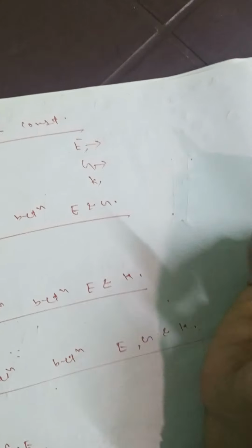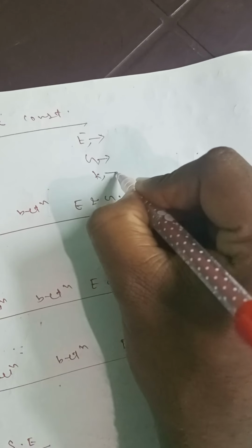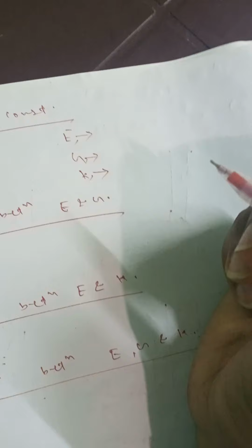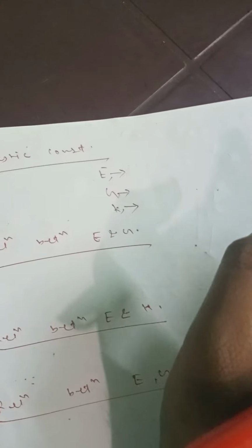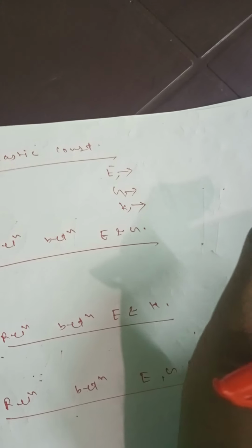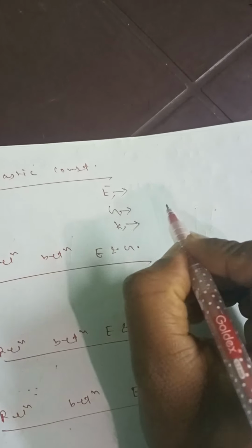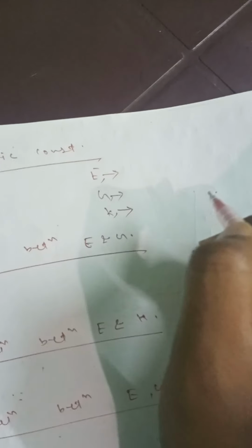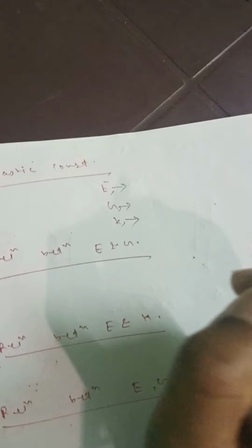G is the modulus of rigidity, and K is the bulk modulus. Okay, we'll discuss this shortly. Modulus of elasticity is linear stress to linear strain, and modulus of rigidity is the ratio of shearing stress to shearing strain. And bulk modulus, what is bulk modulus? You have to remember this.